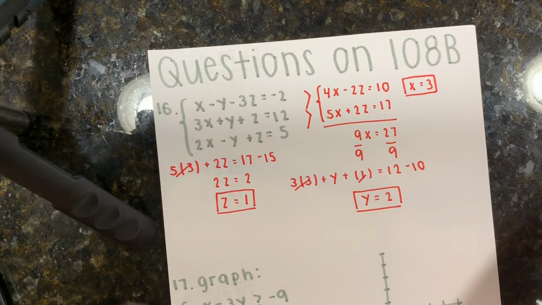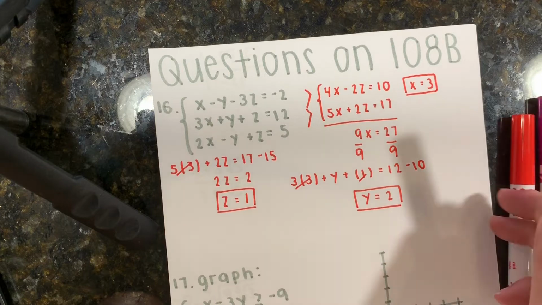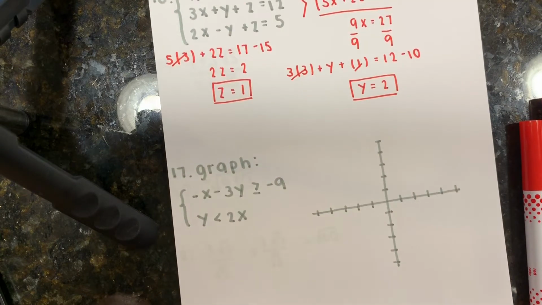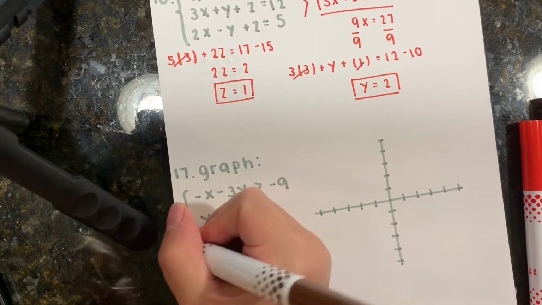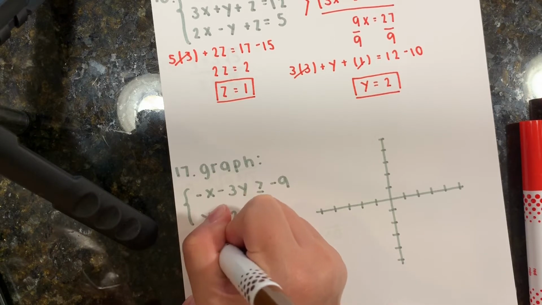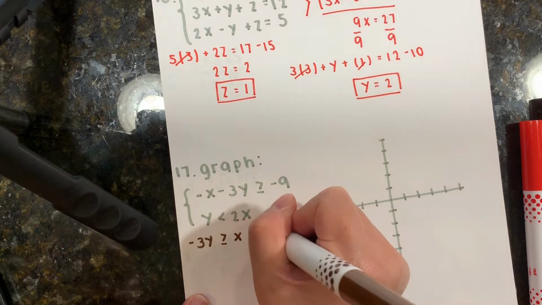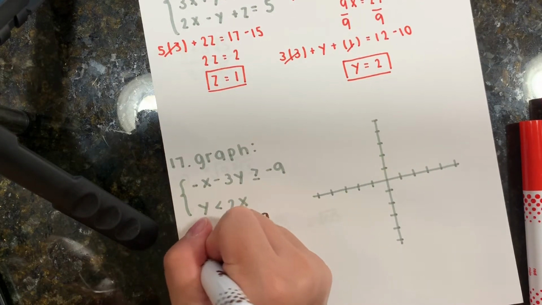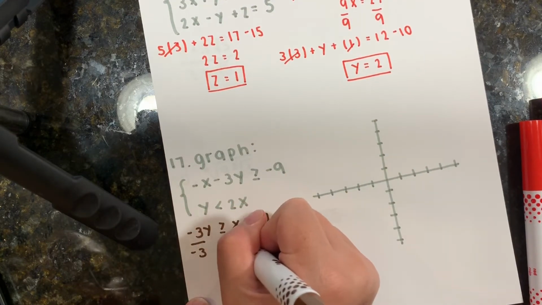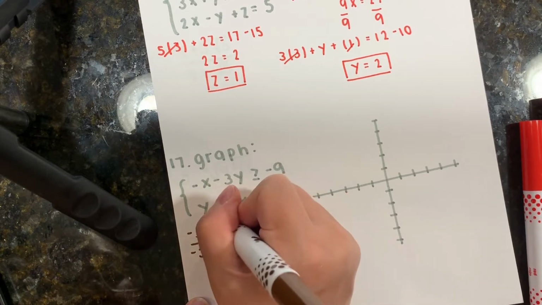Now looking at number 17, I have to solve my equation for y. So I'm going to have negative 3y is greater than or equal to positive x minus 9. Divide everything by negative 3, but when you do that, don't forget you have to flip the sign.